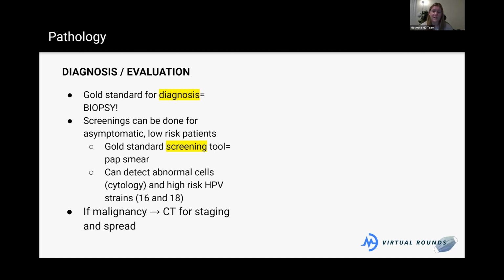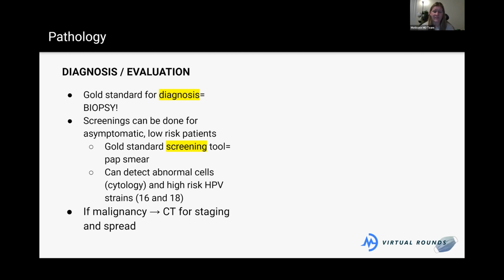We can also look for high-risk HPV strains within these cells. We don't routinely test for HPV status, but in somebody who's high risk, we can test for it. That can also change our management by doing more frequent screenings or having a higher index of suspicion if we find abnormal findings.